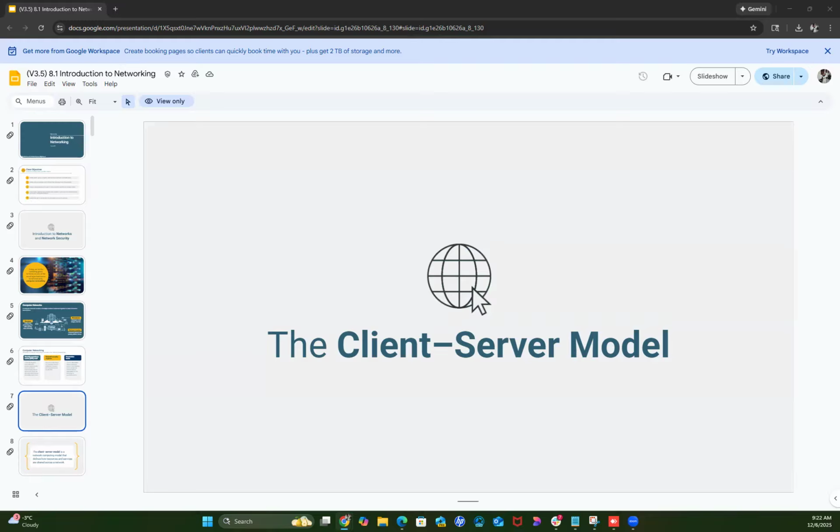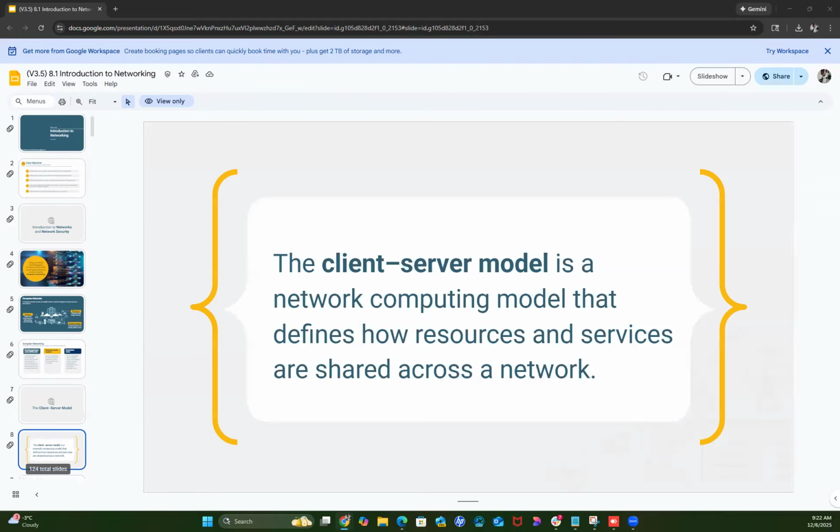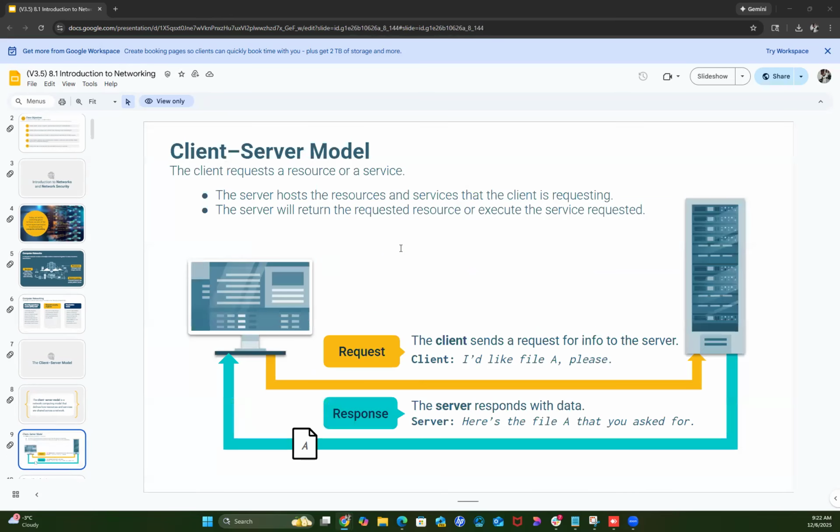So a defined model is required for devices to share resources. One is the client server model. The client server model is a network computing model that defines how resources and services are shared across a network. In this model, the client requests a resource or service.